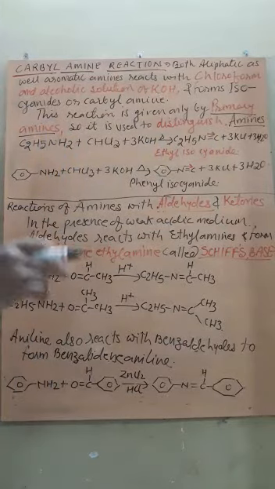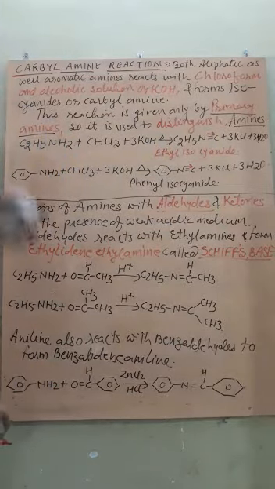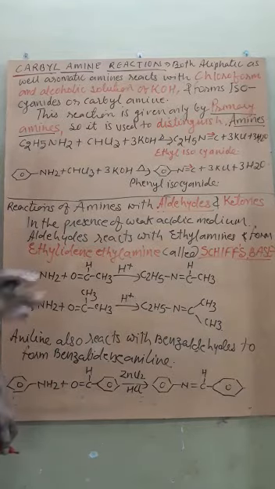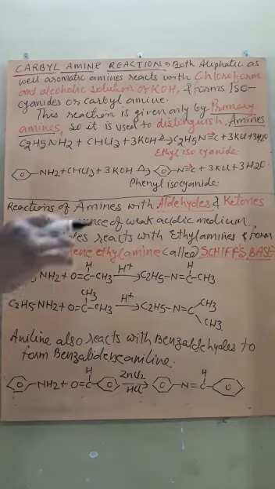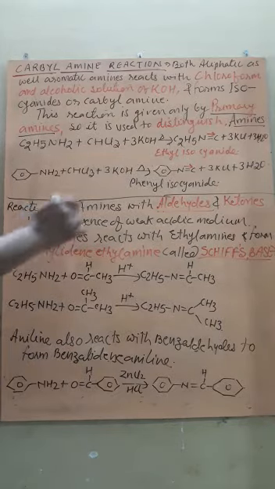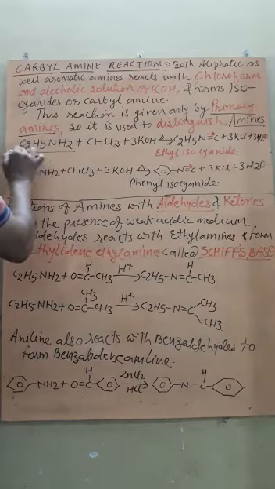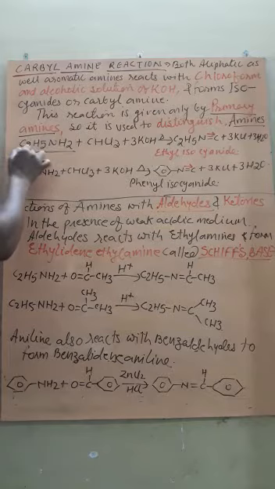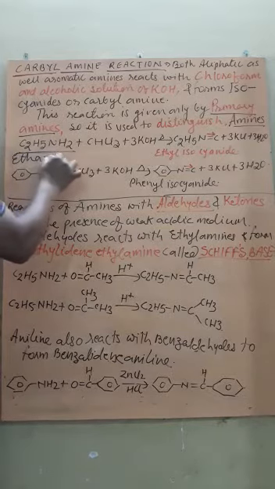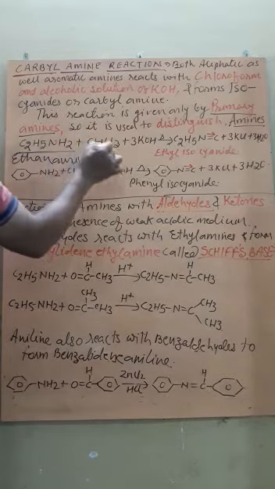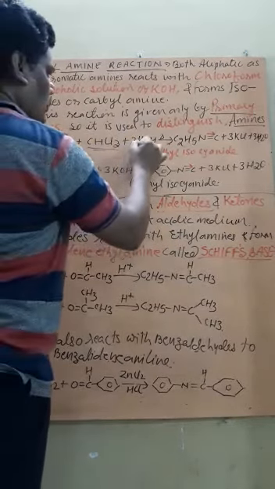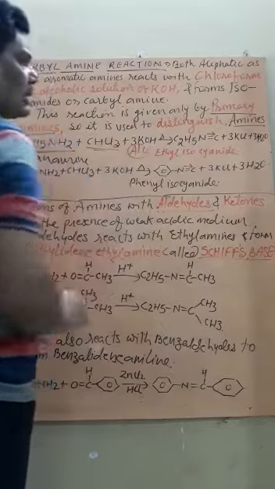It is because this reaction is only given by primary aliphatic amine and primary aromatic amine, but not secondary and tertiary amine. What is the reaction when aliphatic amine, which you can simply call ethane amine, reacts with chloroform and an alcoholic solution of potassium hydroxide?